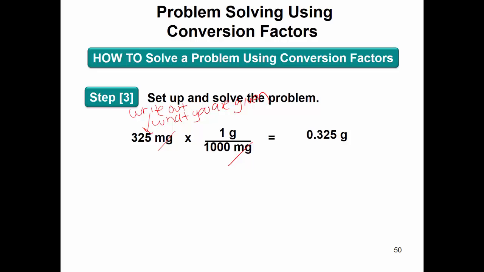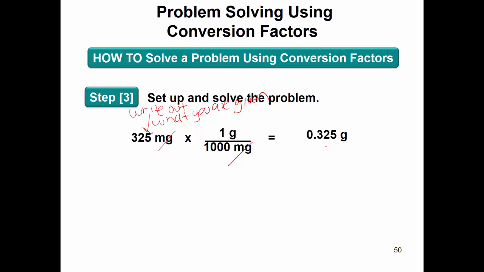A lot of students can do these in their head, and that's fine, but you want to get used to this setup because they're going to get more and more complicated. You want to be sure you're seeing how things cancel. The most common mistake is to multiply instead of divide, or divide instead of multiply, because you didn't think about canceling your units. So grams is left on top, not canceled out.